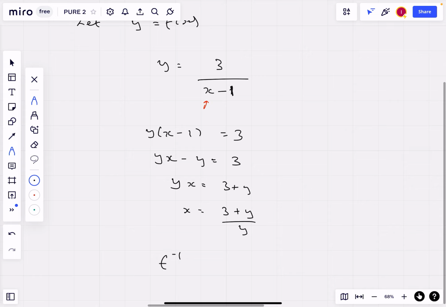So f minus 1 of x equals 3 plus x over x. That is your inverse function. And that's how you do it. Just use a substitute, make x the subject, and then rewrite it. Instead of y, use x, and instead of x, use f minus 1.